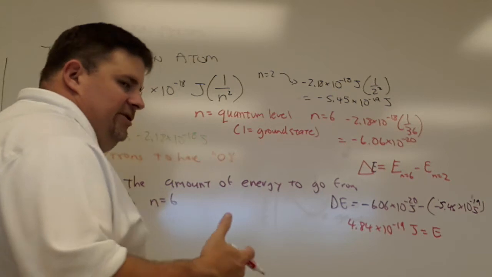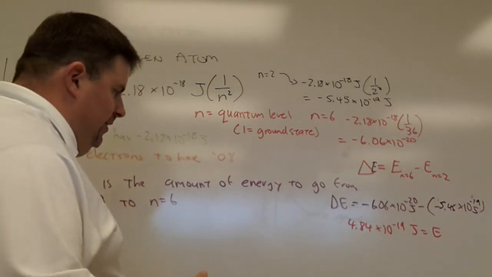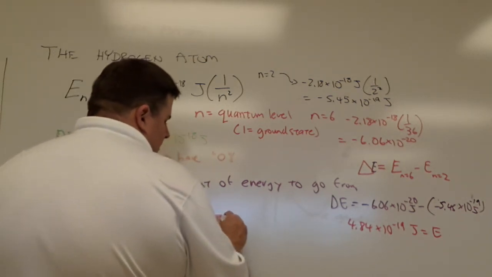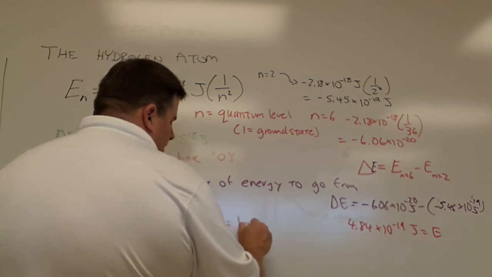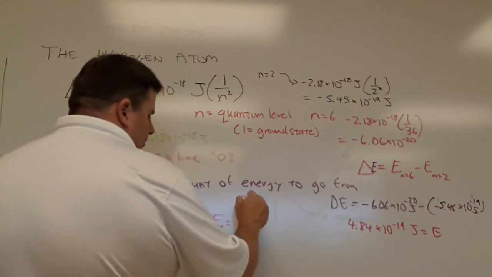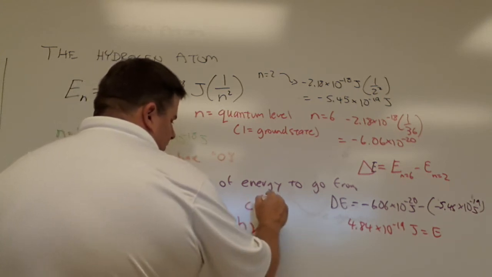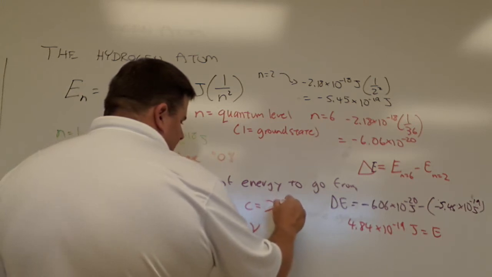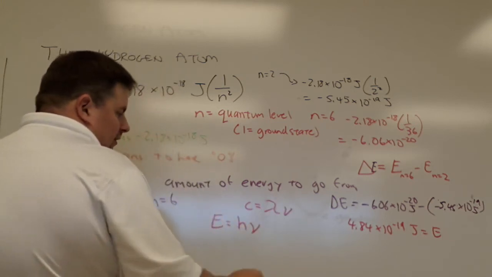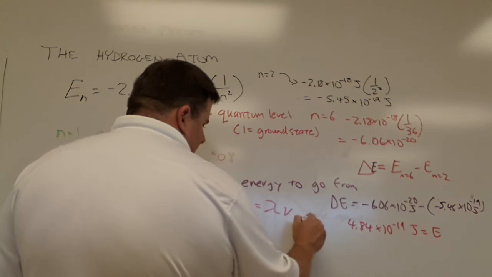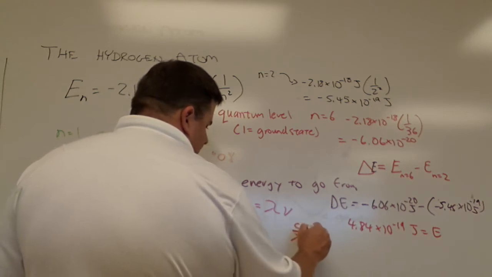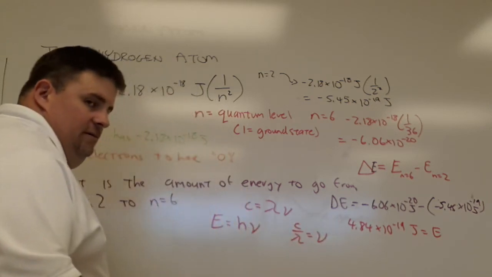Now, just to throw this out there, how much energy is being used here? E is equal to h times frequency. Remember that c is equal to wavelength times frequency. So if I rearrange this, c over wavelength is equal to frequency.